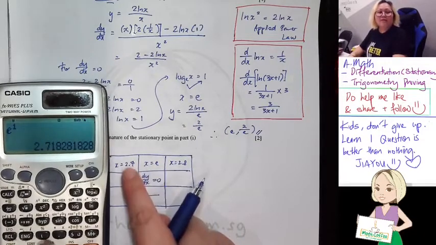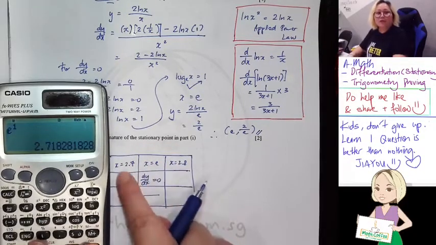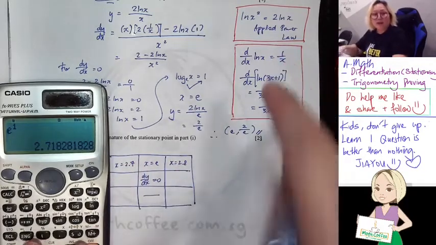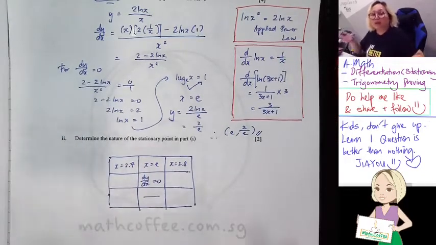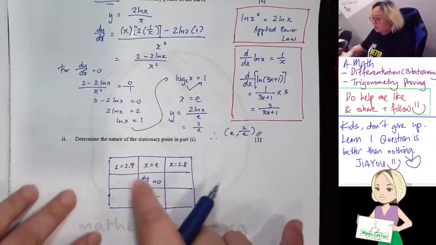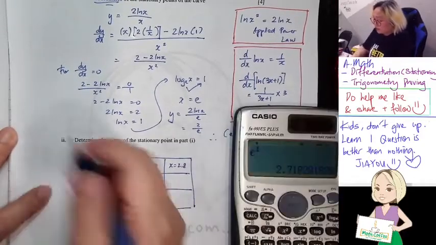So the left of it is 2.7, the right of it is 2.8. So we're going to sub in these two x values into dy/dx because we want to know the gradient at x equals 2.7. When you press the calculator, take note, you need to sub into dy/dx.